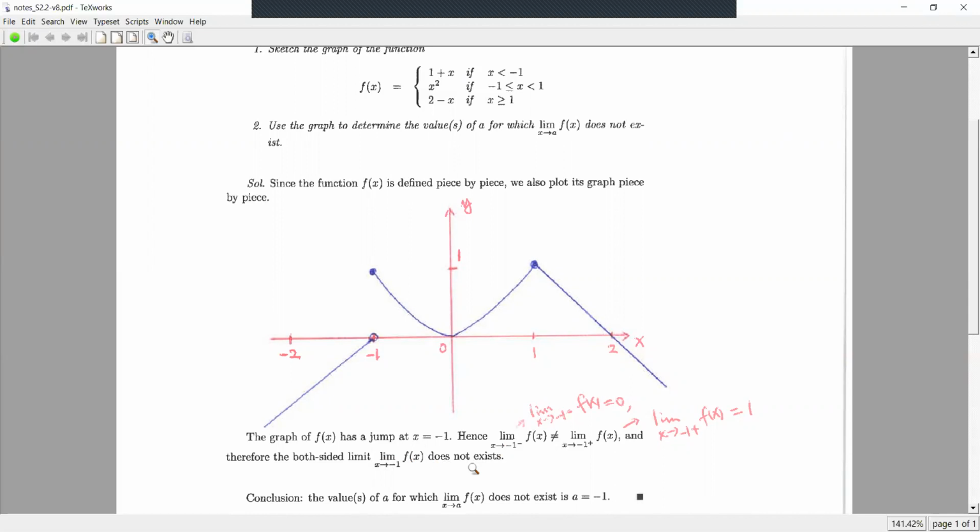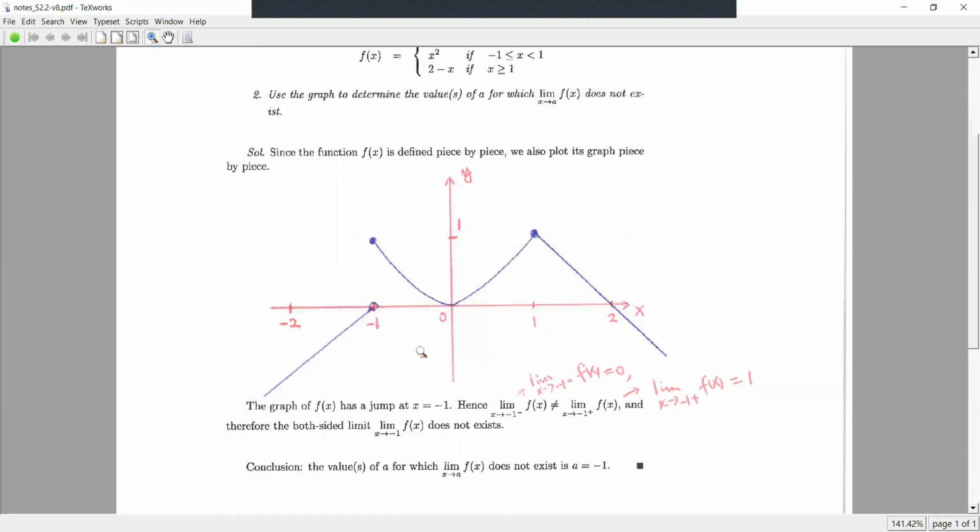Is there any other value for a where the both sided limit doesn't exist? I don't think so. Only at -1, the both sided limit doesn't exist. For example, at +1, when x approaches 1, no matter how x approaches 1, the graph always approaches this point.